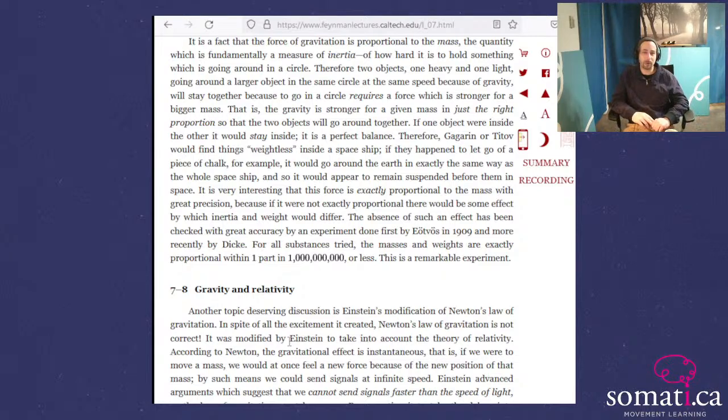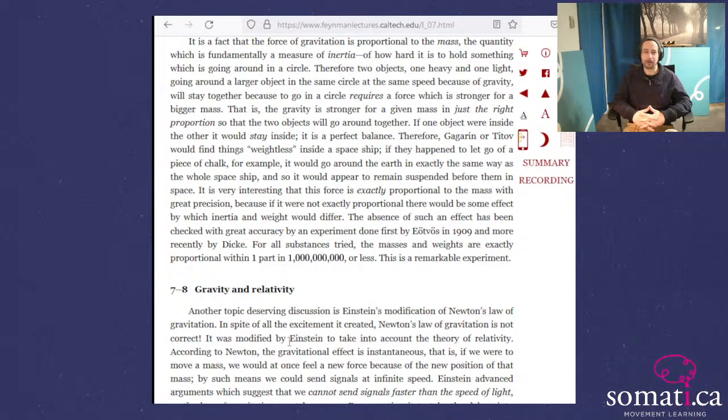Therefore, two objects, one heavy and one light, going around a larger object in the same circle at the same speed because of gravity, will stay together because to go in a circle requires a force which is stronger for a bigger mass. That is, the gravity is stronger for a given mass in just the right proportion that the two objects will go around together. If one object were inside the other, it would stay inside. It is a perfect balance.